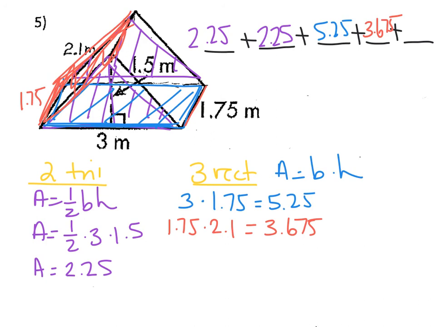Okay, and then finally, this rectangle going down this side, the base is 1.75 times the height is this diagonal, which is going to be the same as this diagonal. So we have 1.75 times 2.1, which again is 3.675.